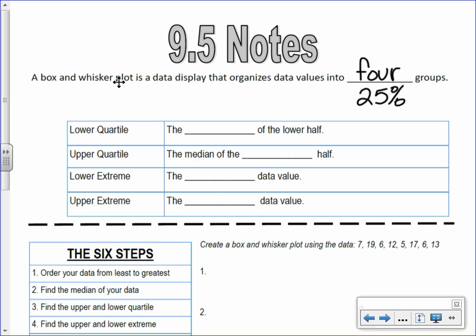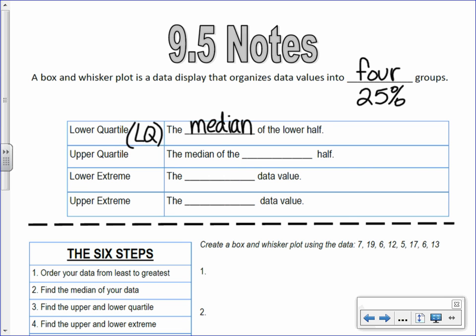Everybody with me? A box and whisker uses one mathematical operation, and it's finding the median. We're basically finding the median with a group, and then with a different group, then with a different group. And remember, the median is just the number in the middle. So, the lower quartile, which is typically referred to as LQ, just a short version, is the median of the lower half.